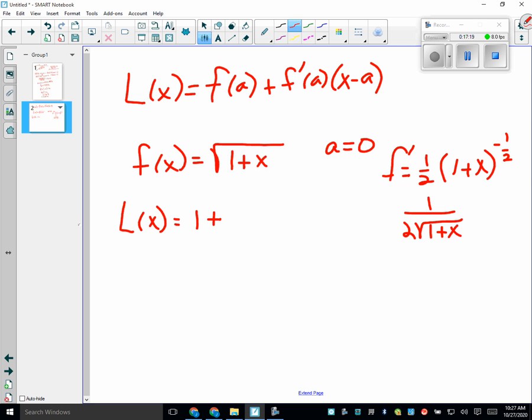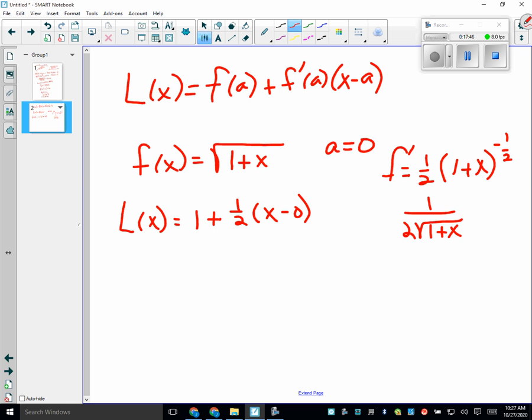So what is f prime of a? 1/2 times x minus 0. How do we get 1/2? When I put a 0 right here, that's 0, because it's f prime of a. So we put a 0. All right, are we good?